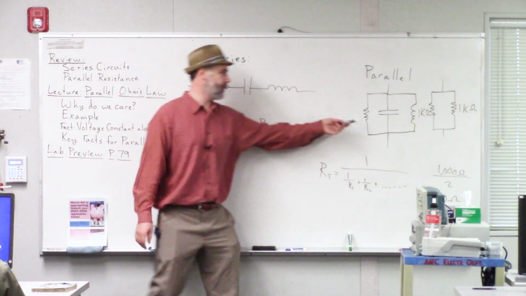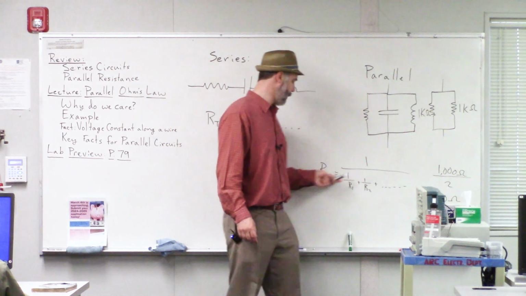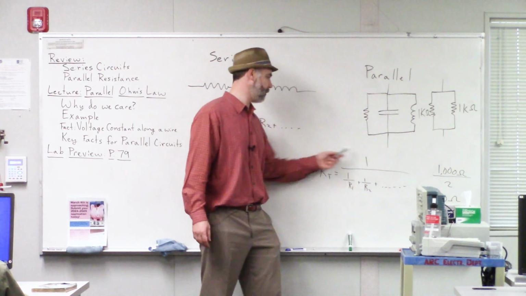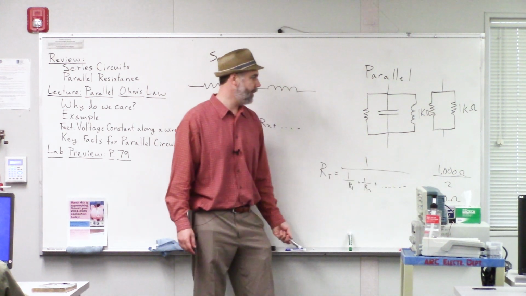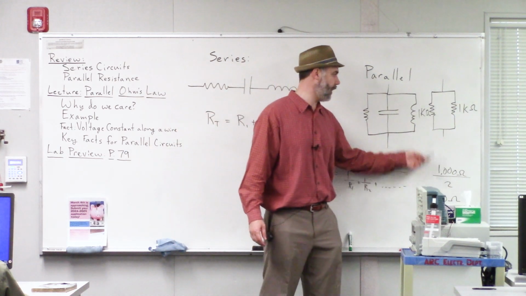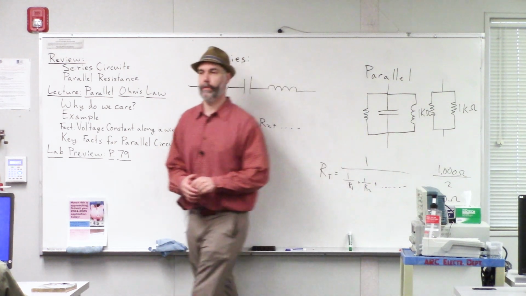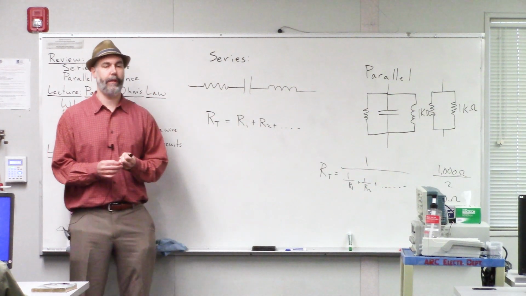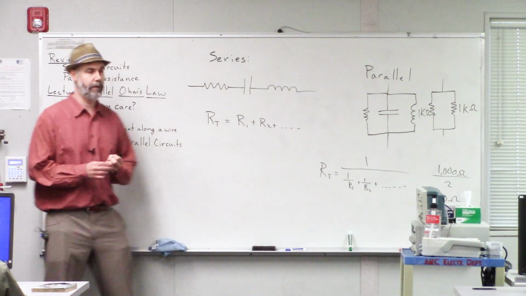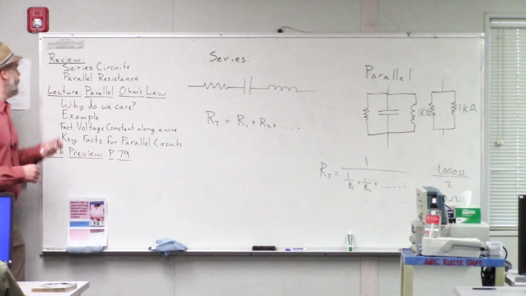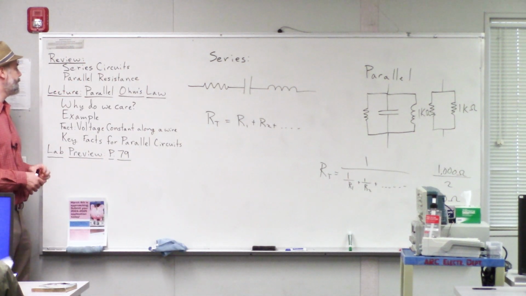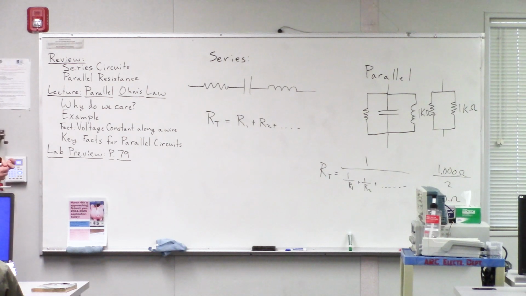So that's what a parallel circuit is. This formula will always work to find parallel resistance in a parallel circuit, but sometimes you can take a shortcut when the resistor values are all the same. Okay? So any questions about that? All right. So that's parallel resistance. So then let's go on to our main topic for today, which is Ohm's law in a parallel circuit.